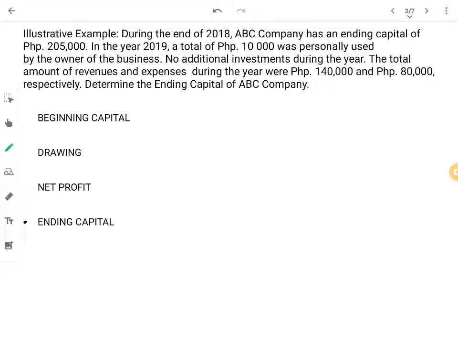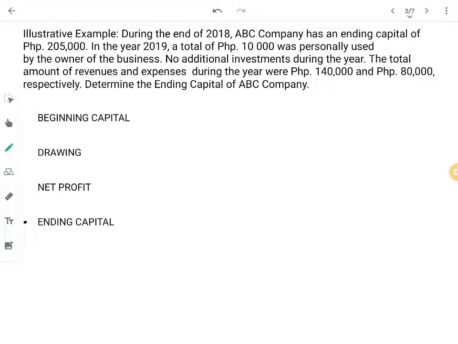So, tinignan natin yung mga given dito. So, ano ba yung beginning capital dito? So, sinabi dito na end of 2018. So, by the start of 2019, yung ending capital balance ng 2018, ayun na yung tinatawag nating beginning capital for the year 2019.